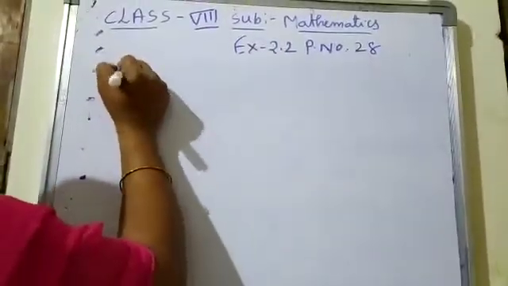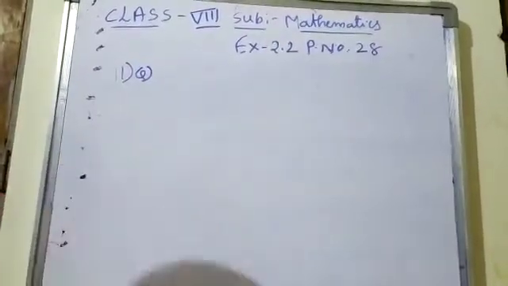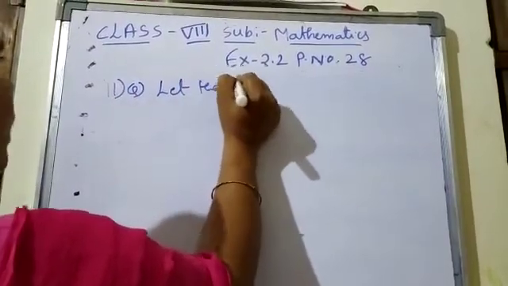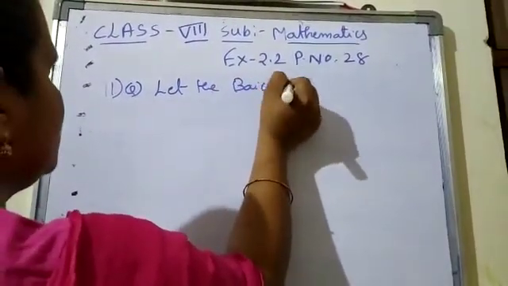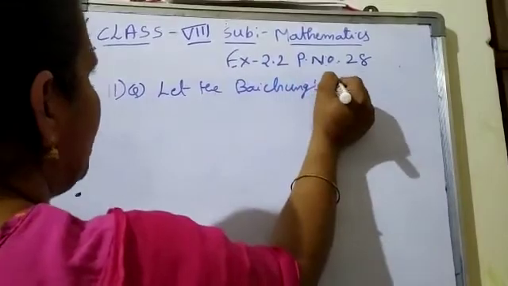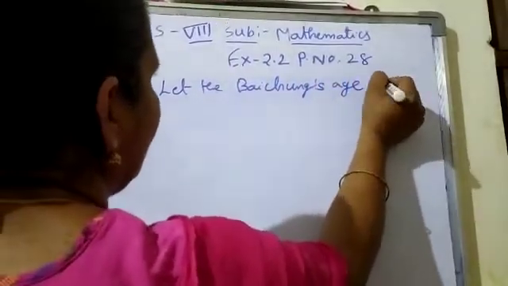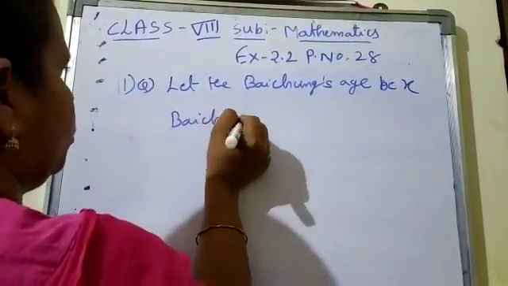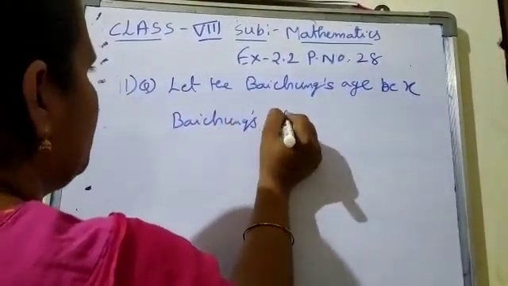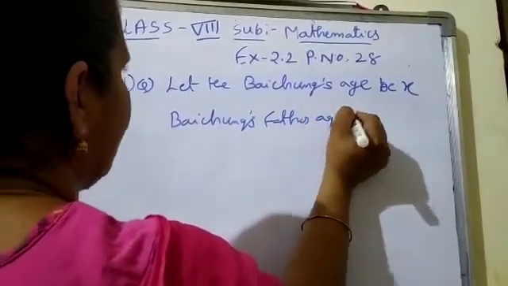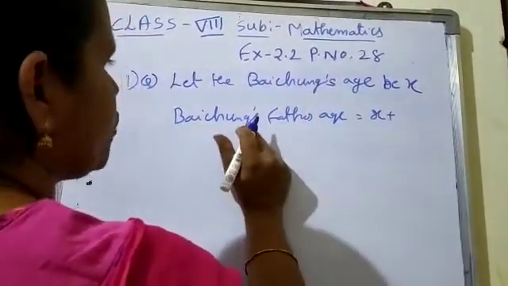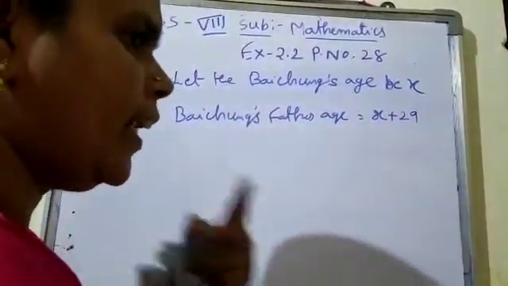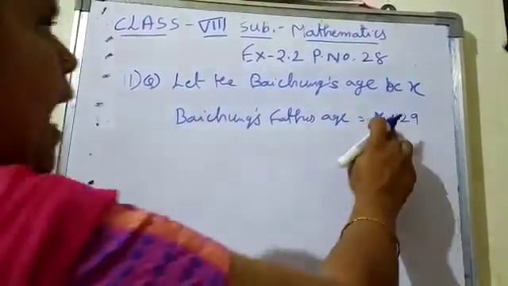Eleventh one. So let Baicheng's age be x. So Baicheng's father's age is equal to x plus 29, since 29 years older means add.